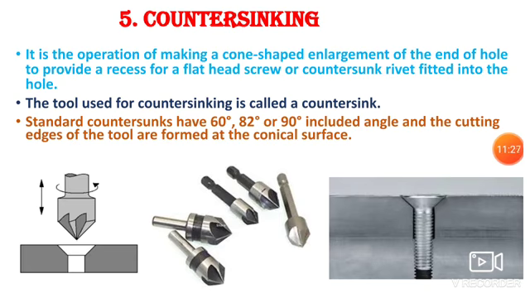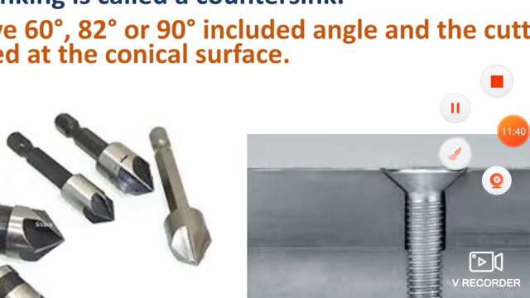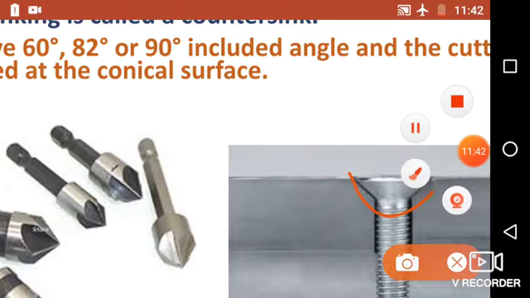Why is it done? It provides a recess for a flat head screw or countersunk rivet fitted into the hole. Here you can see this conical feature is made.